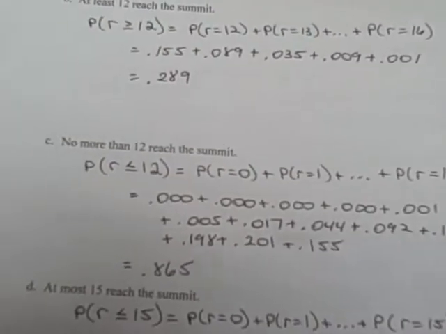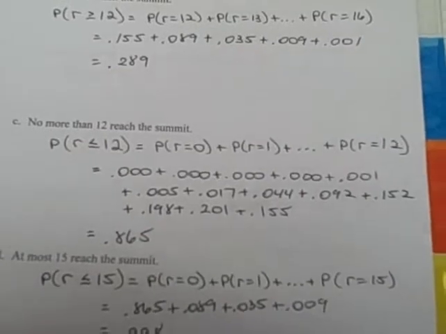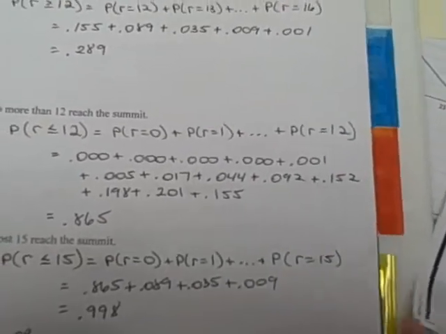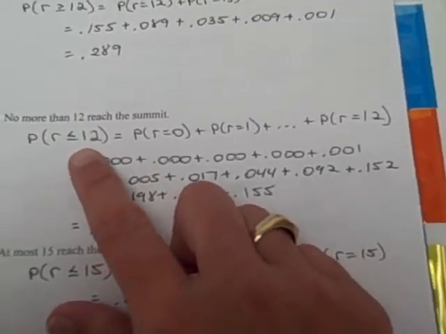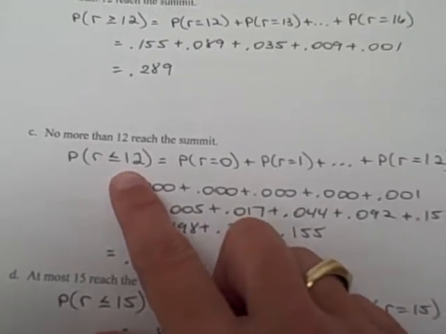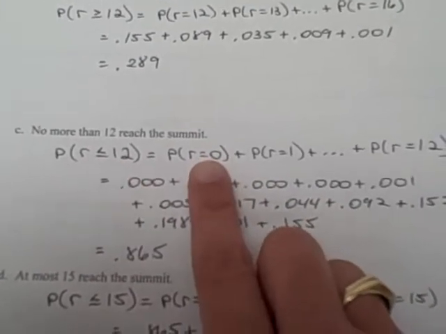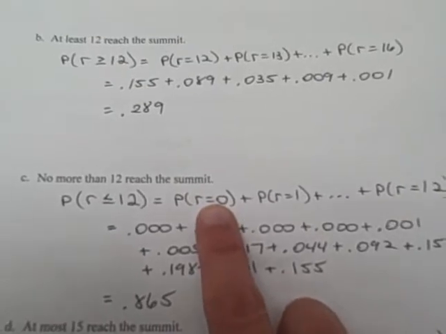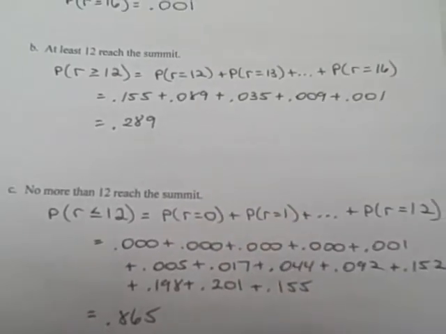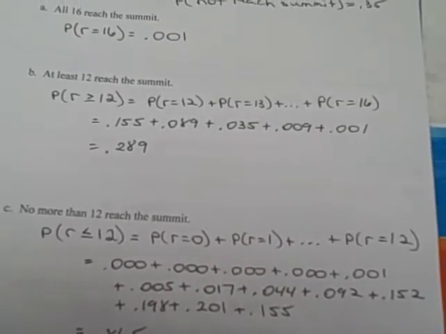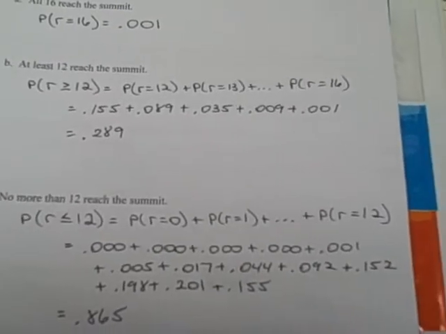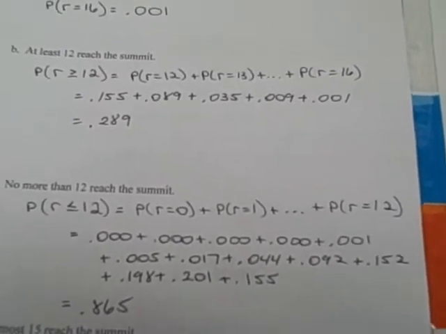All right, let's find the probability that no more than 12 reach the summit. No more than 12 means 12 or less. It cannot be more. So I'm going to add up the probability for r equal to 0 plus r equals 1 plus 2, 3, 4, 5, 6, 7, 8, 9, 10, all the way up to 12.